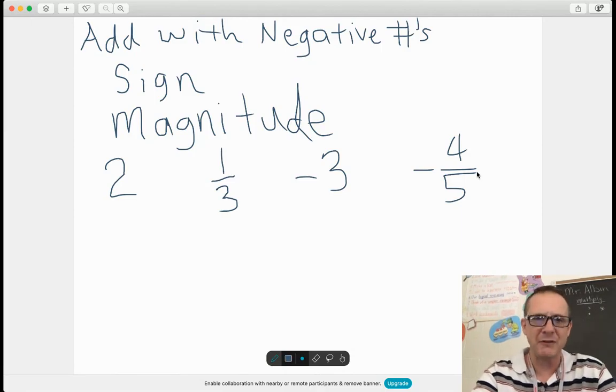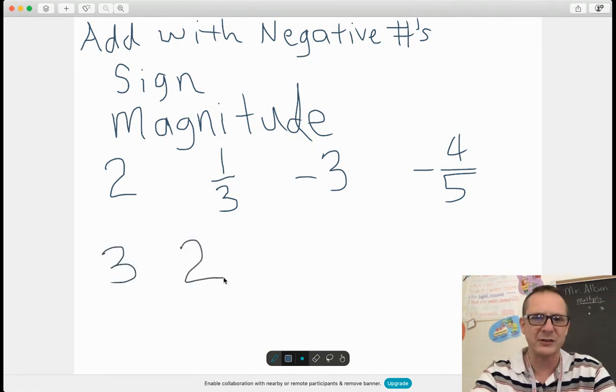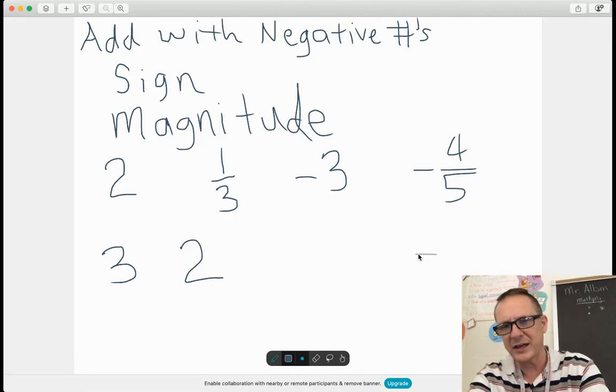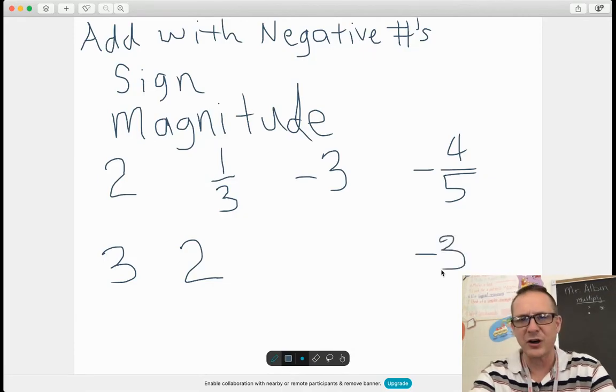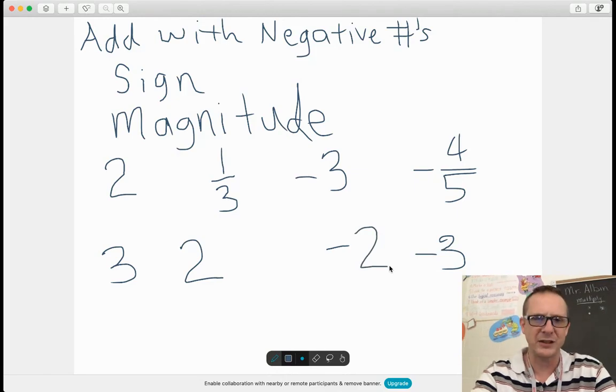Numbers also have a magnitude, which basically tells you how big the number is. The number 3 is bigger than the number 2, so it has a larger magnitude. The number -3 has a larger magnitude than the number -2. So the magnitude is just how big it is.